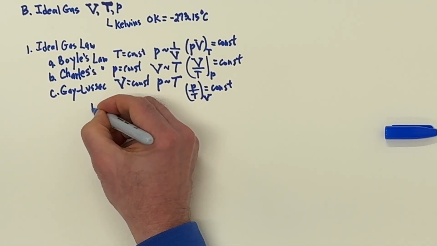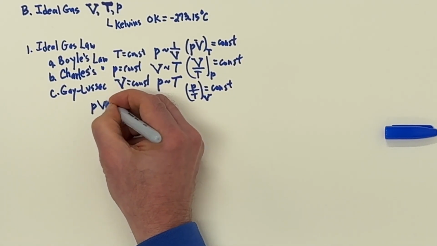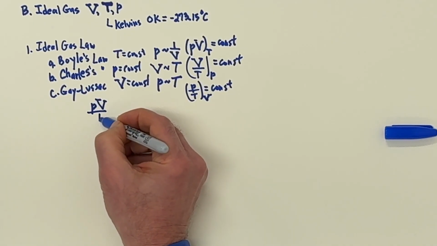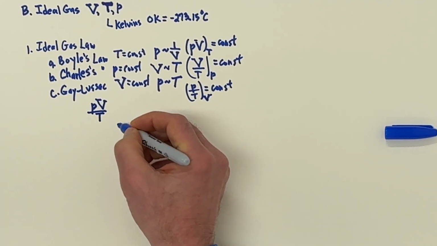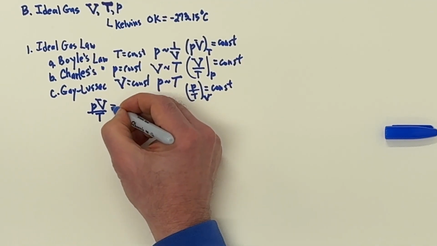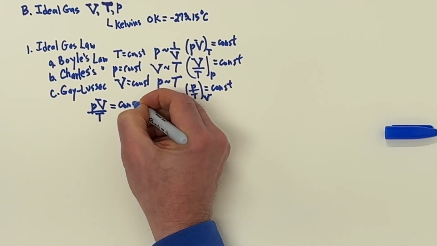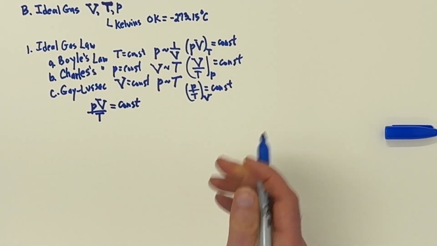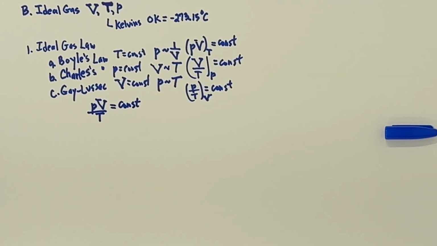So we can write the pressure times the volume, the numerator variables, divided by T, the denominator one, and state that that is equal to a constant. Now when I write constant, it doesn't mean it's a specific constant, just means constant in general.